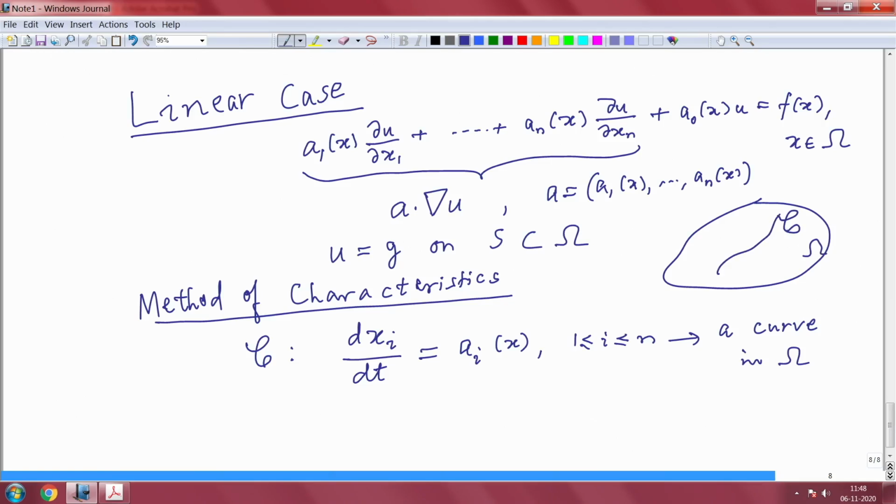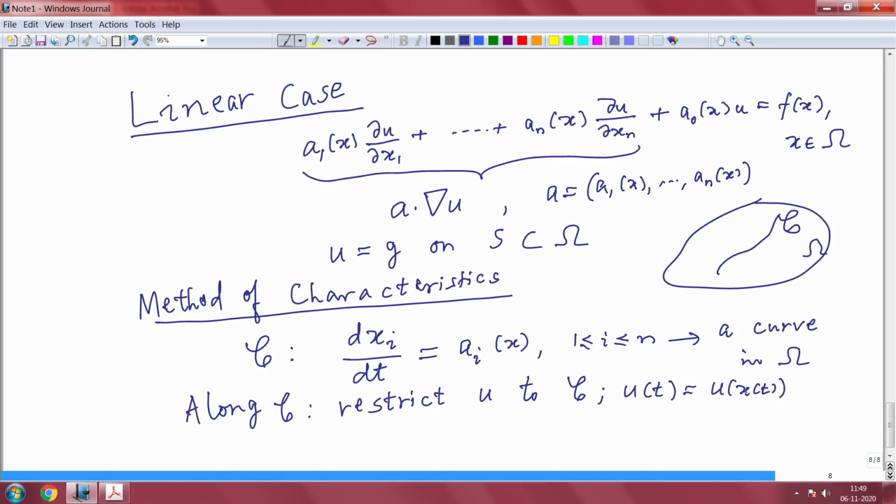Okay. Along C, that means you restrict u to C. Actually, I should define another function, but by abuse of notation we just write u t. So, this actually means u of x t. U is not a function of the t, but it is a function of x.